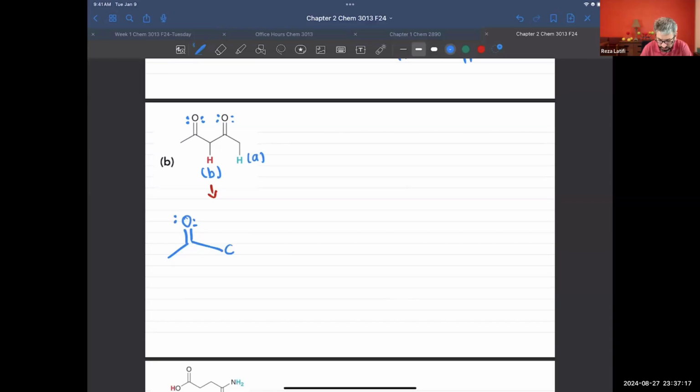Now we have a carbon. This carbon has a hydrogen, and one more hydrogen there, because hydrogen and carbon are supposed to have an octet. We took the red hydrogen. Now we have a lone pair. We're going to get a carbon here, attached to oxygen with 2 lone pairs, and we have a carbon here, and that carbon is attached to hydrogen.